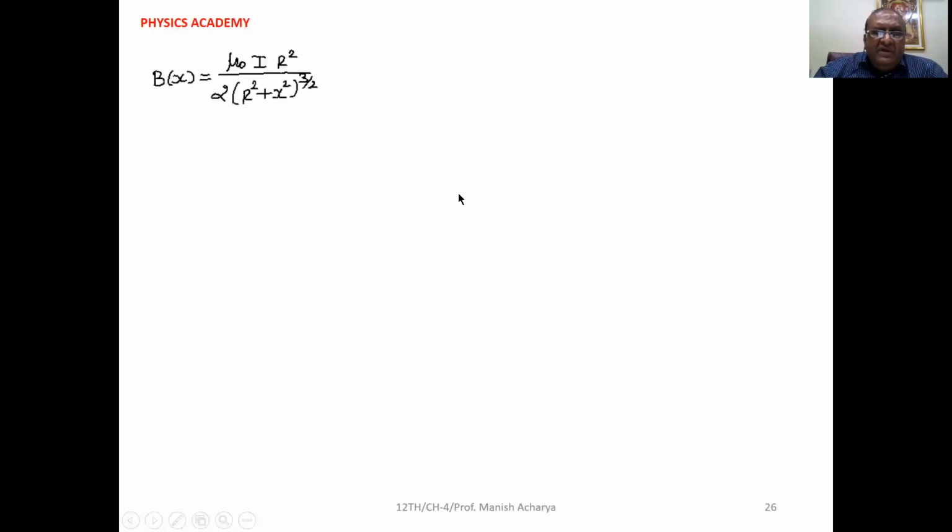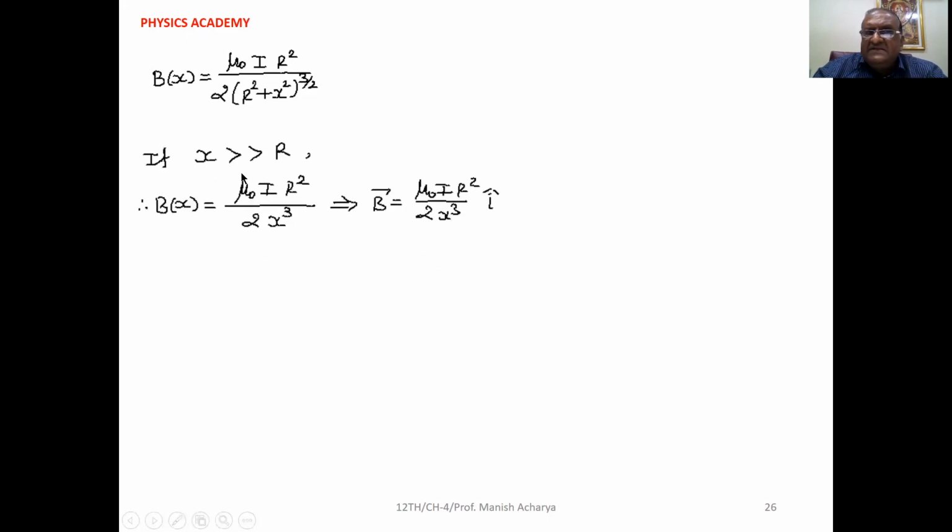Now the magnetic field at a point on the axis of the current carrying ring is B at x equal to mu 0 I r square upon 2 into (r square plus x square) raised to 3 by 2. This we derived. Now suppose x is very much greater than r.